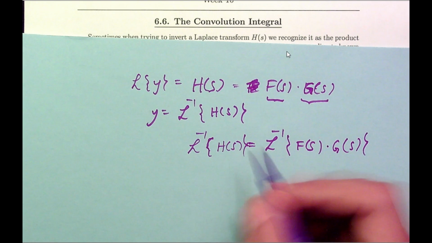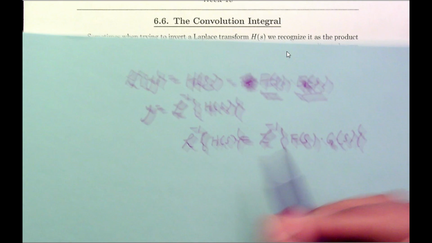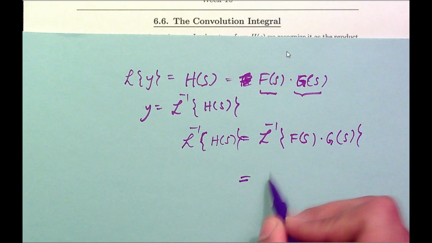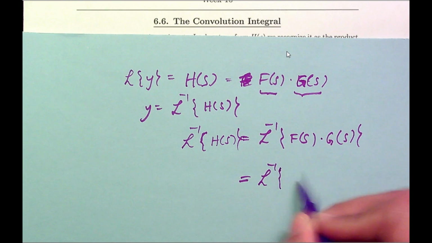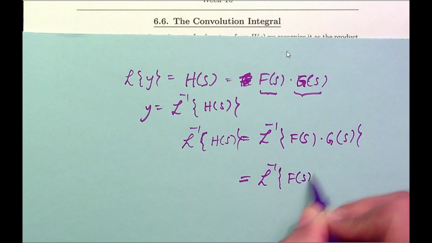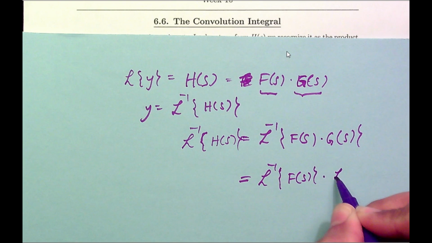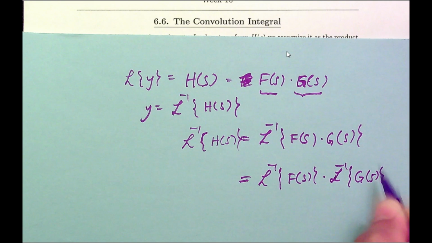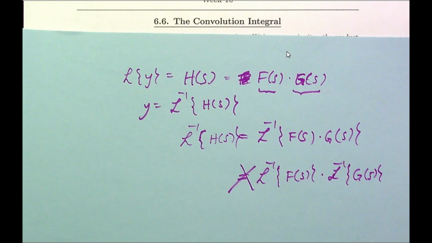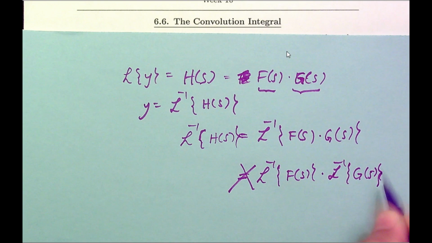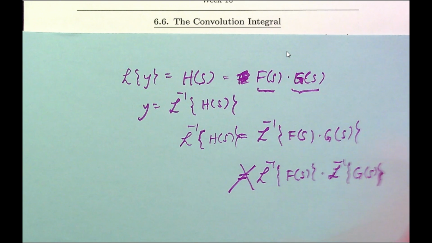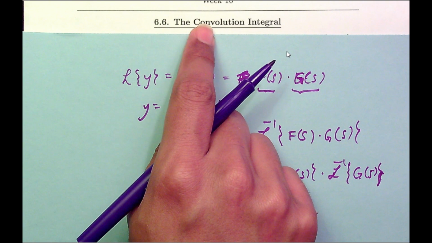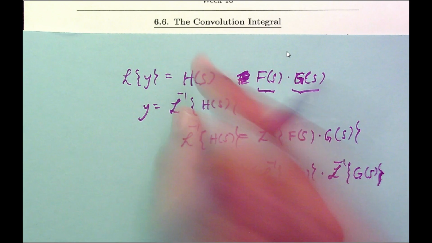But it turns out that it is not so simple as just saying the Laplace inverse of f times the Laplace inverse of g. That is not true. So the story is a little bit more complicated, or, pun intended, convoluted than that.